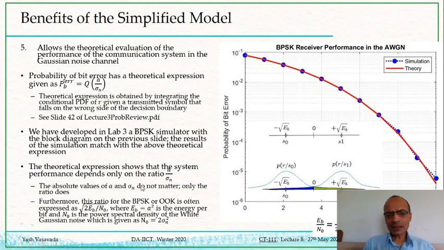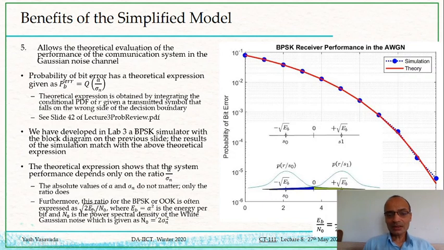One technical note is that this ratio A divided by sigma n is sometimes expressed as square root of 2 times energy per bit divided by N naught. Energy per bit we have already defined earlier, which is just the square of the length of the vector of a particular constellation point.